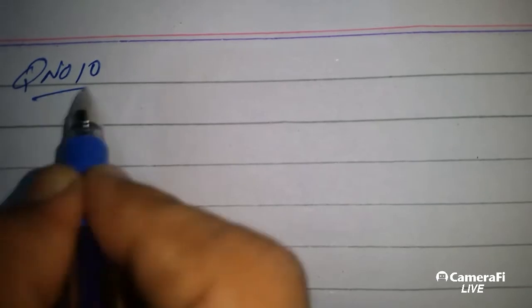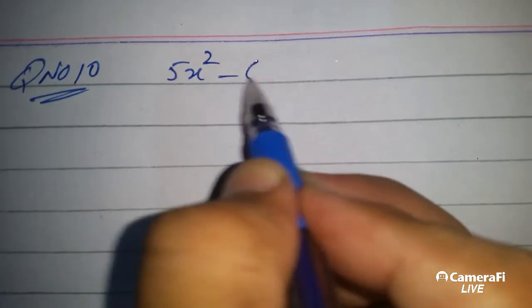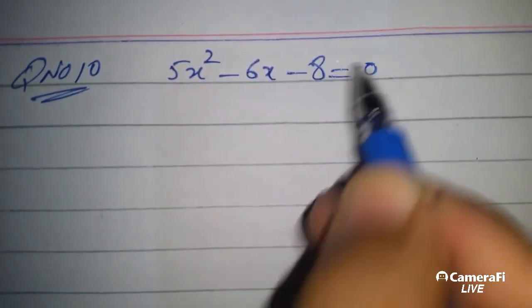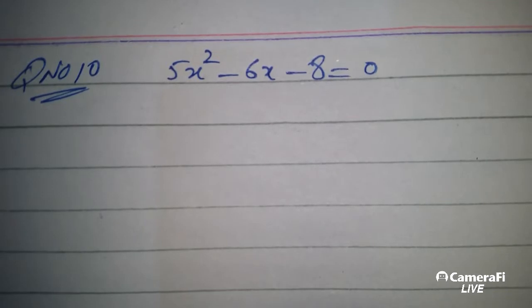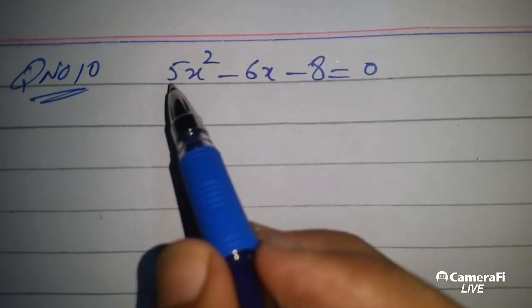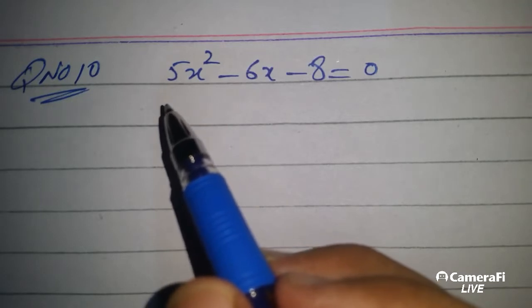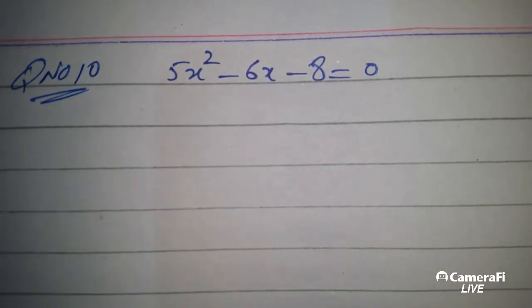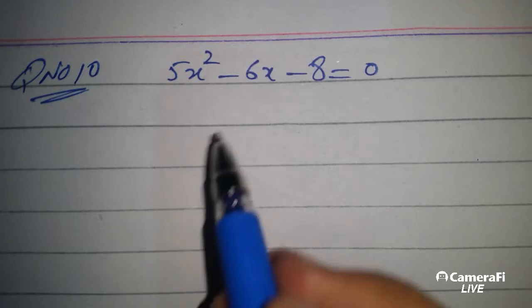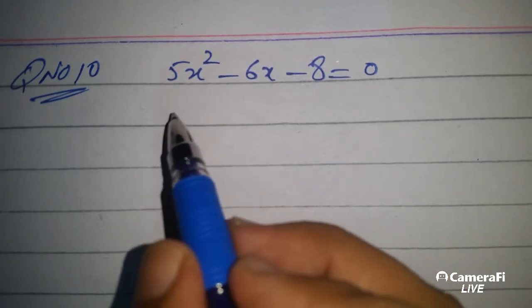Question number 10. So we are doing factorization by midterm breakage. That's what we are doing. So 8 5s are 40. 10 4s are 40.